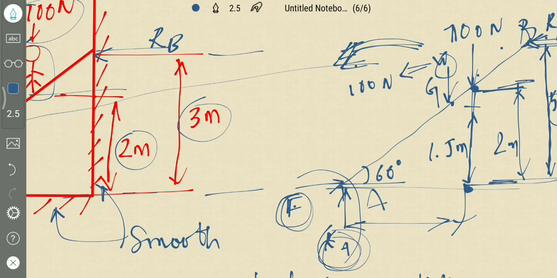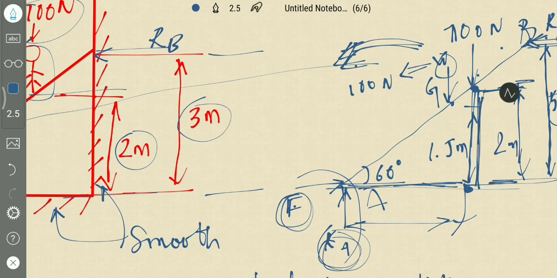And what is cot theta? Cot theta is adjacent side by opposite side, which is cot 60.